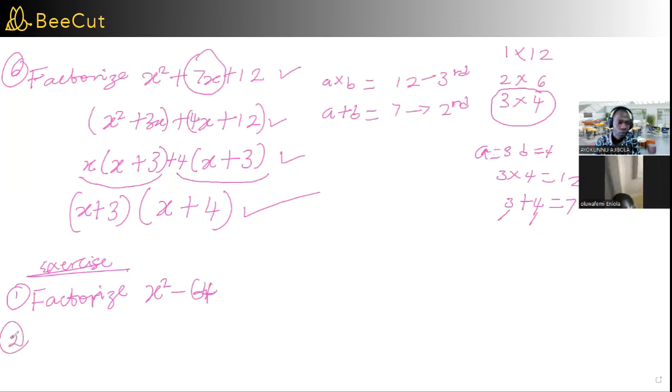Then the second question, you have to factorize 6x squared plus 15x minus 21. Hold on, please. Let me check something there.